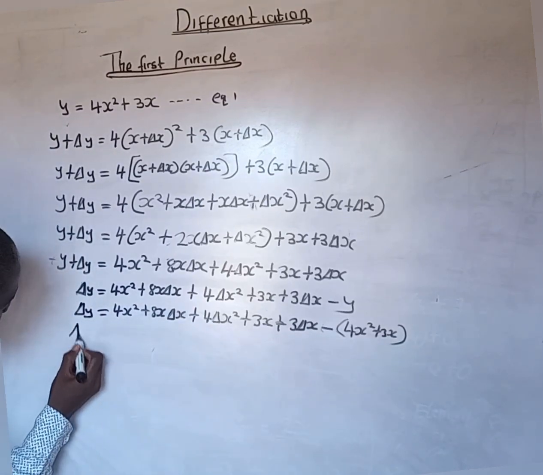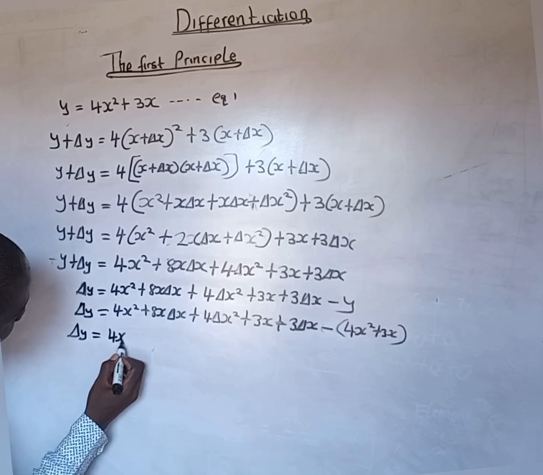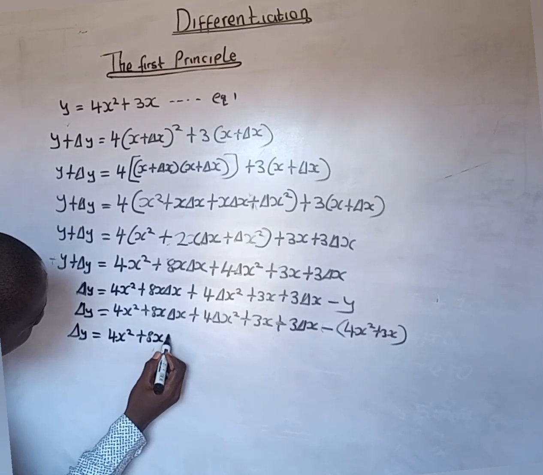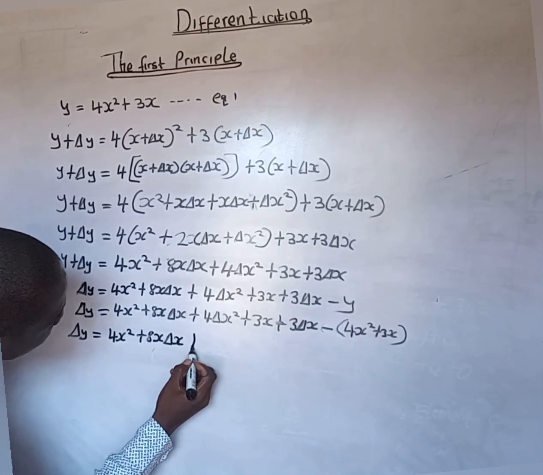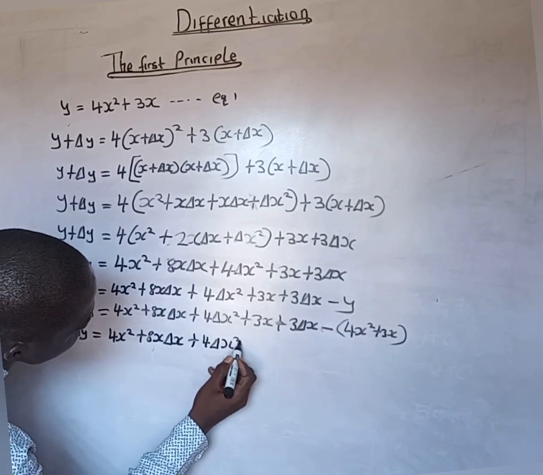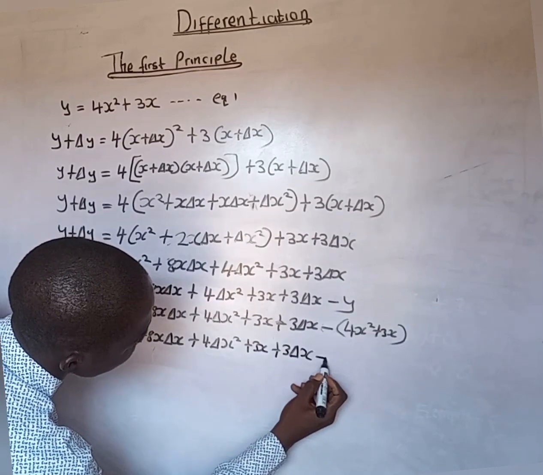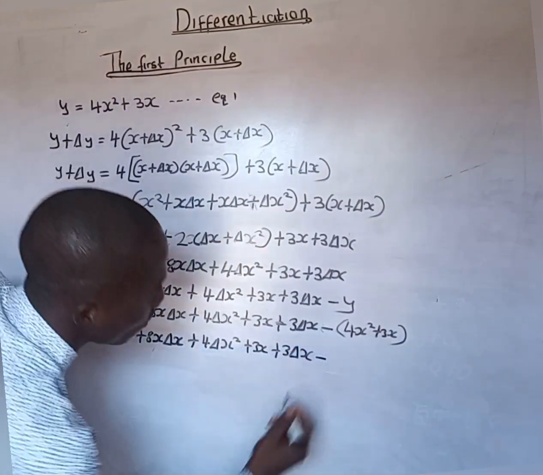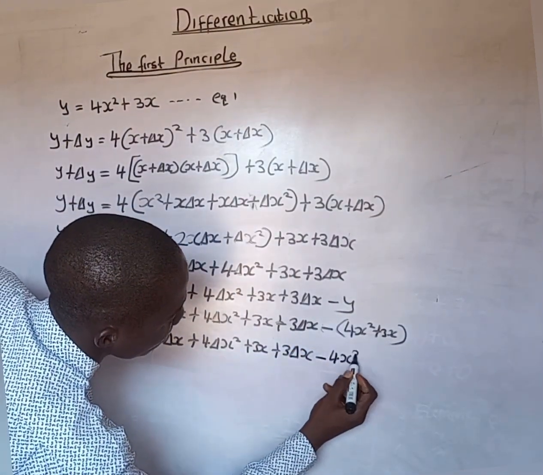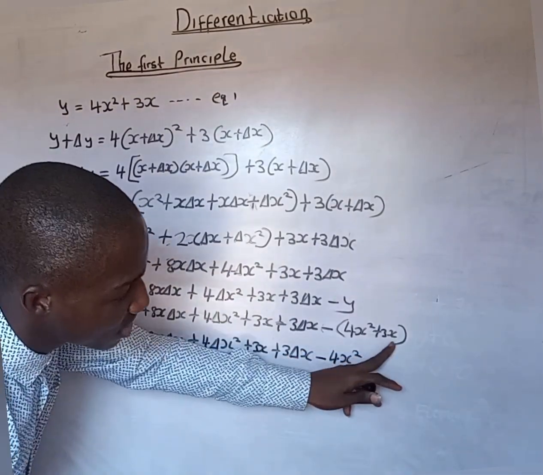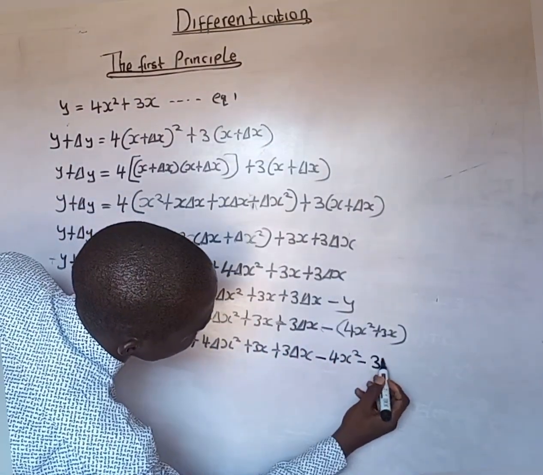So I'm going to have delta y is equal to 4x squared plus 8x delta x plus 4 delta x squared plus 3x plus 3 delta x minus, if this minus multiplies this 4x squared, I'm going to have minus 4x squared. If this minus multiplies plus 3x, I'm going to have minus 3x.